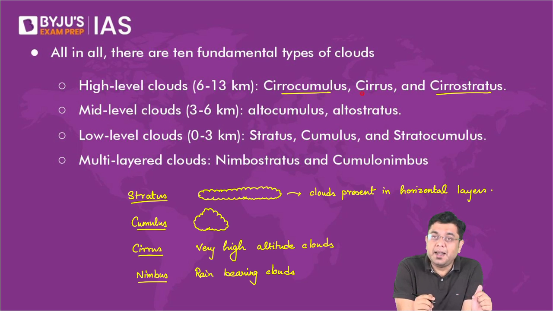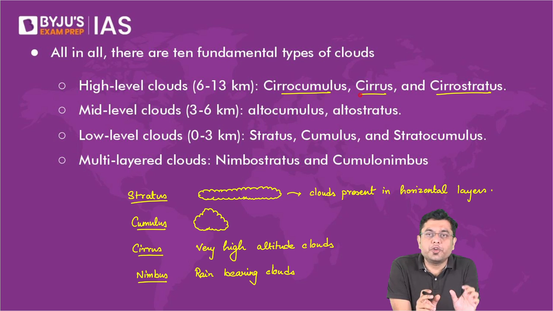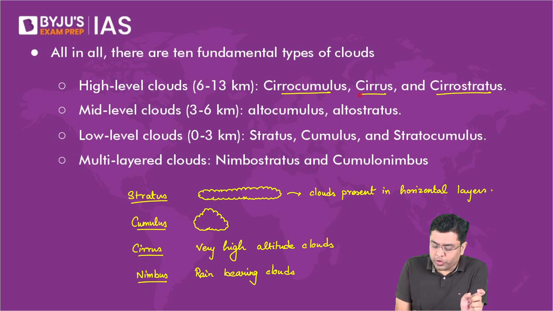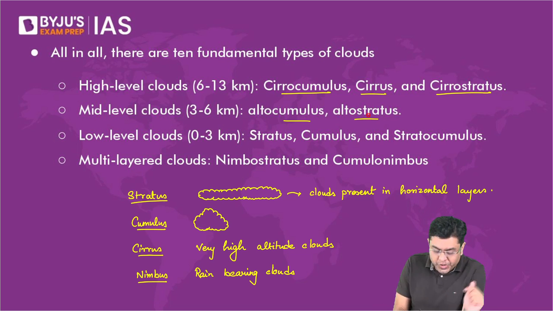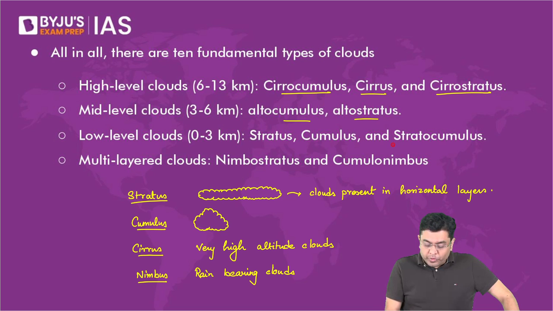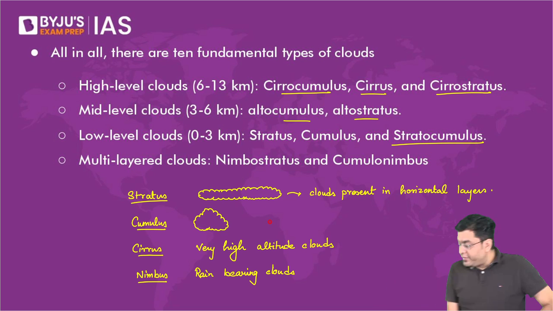Then in the mid level, you attach the prefix alto. So you have altostratus and altocumulus. Then in the low level, you have individual of them, that is stratus, cumulus, and also stratocumulus. Stratocumulus is a combination of stratus and cumulus. So how will the combination of both of these look like?